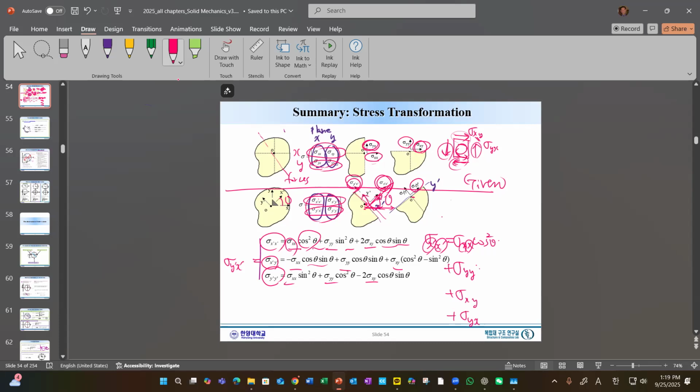So we do the same procedure, say x prime and y. X prime and y is this one. So this one will now be 90 degrees minus theta. And the cosine of this, what is that? It will be sine theta, right?